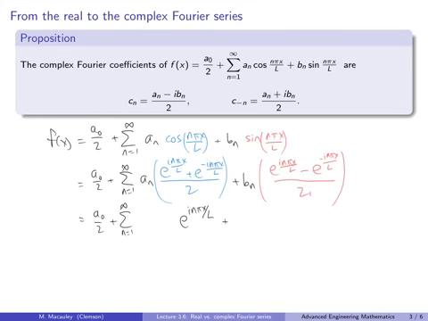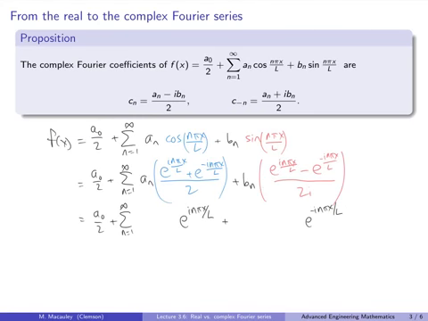And how many e to the negative i n pi x over L's do we have? So what goes here? We have a_n over 2, and then here we have b_n over 2i.